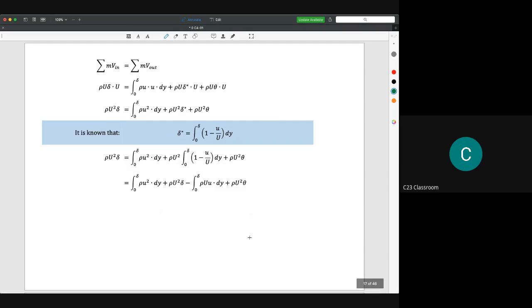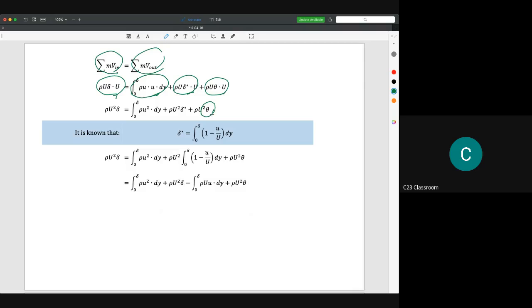Then we write that the momentum for the inlet must be equal to the momentum for the outlet. We have one inlet and three outlets here. This is the momentum for D, this is the momentum for C, and this is the total momentum for B. At this stage we have a problem, because we want to find the equation for theta, since we are analyzing the momentum thickness.